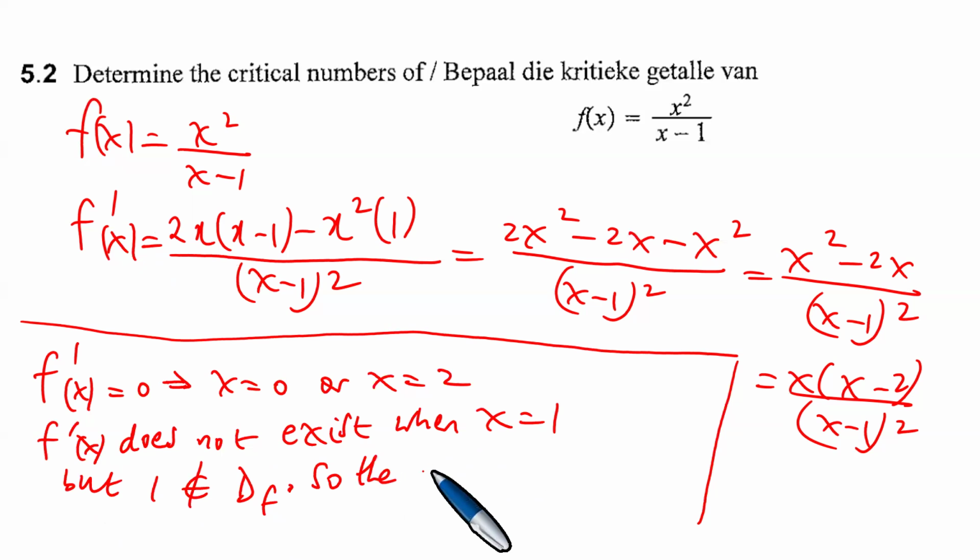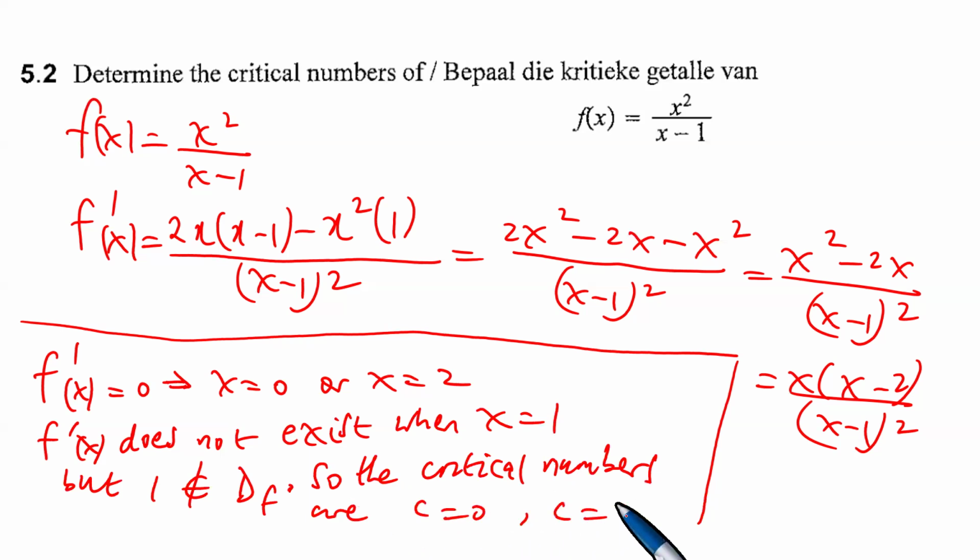So the critical numbers are c equals 0 and c equals 2. We then have the following.